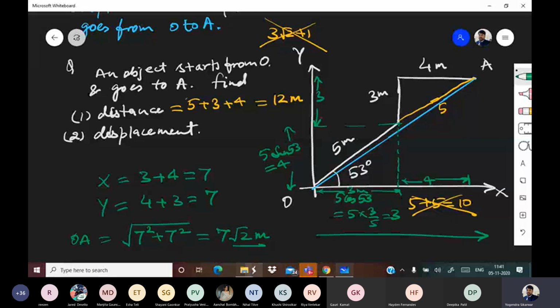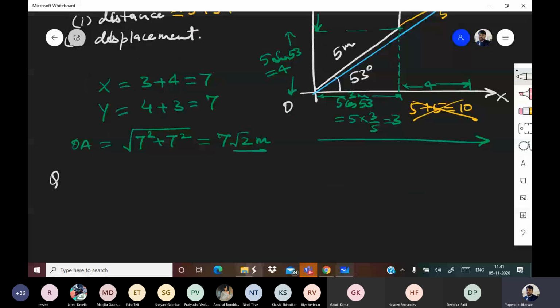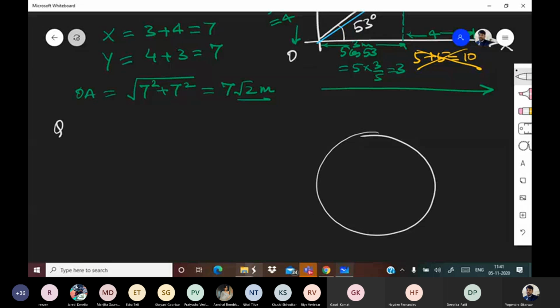Now we are moving to next question. It's a simple question. An object is starting from A, B, C, D, and this point is O. R is equal to 5 meters.